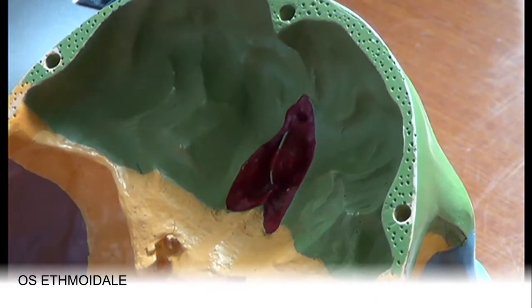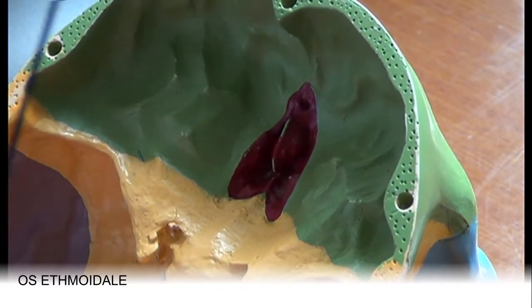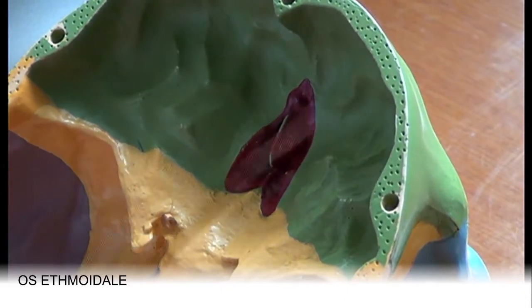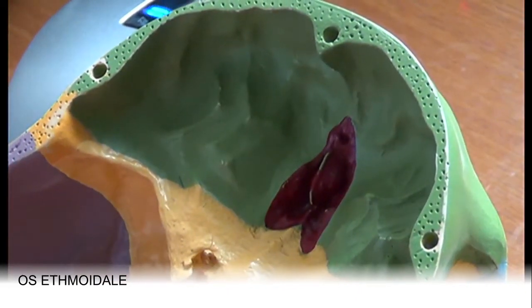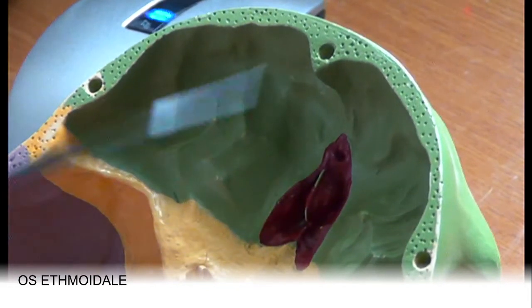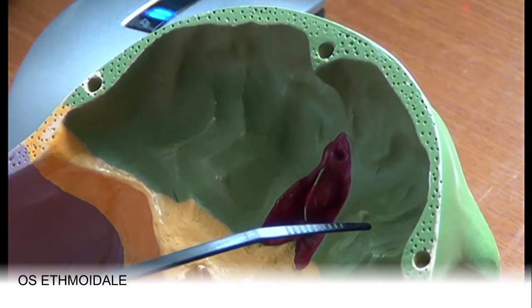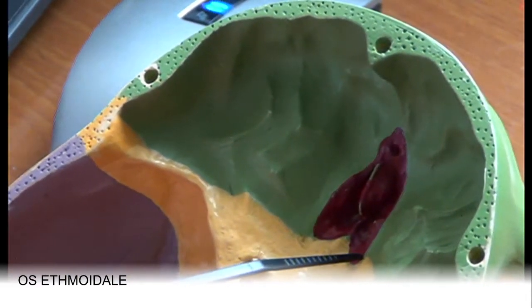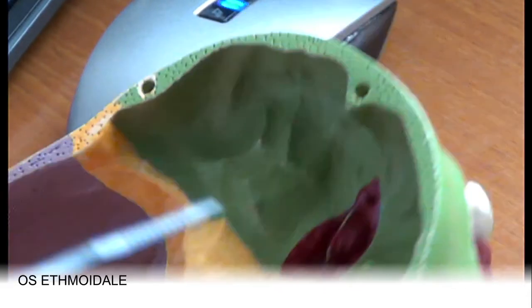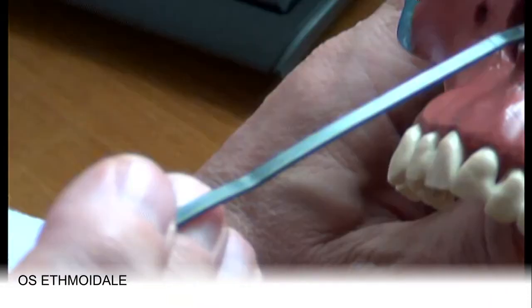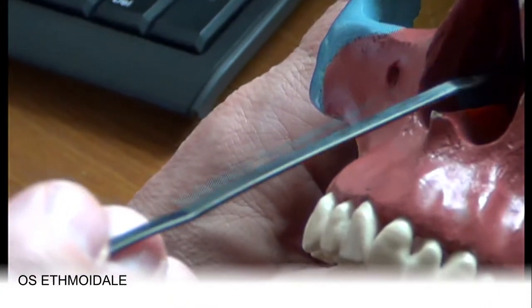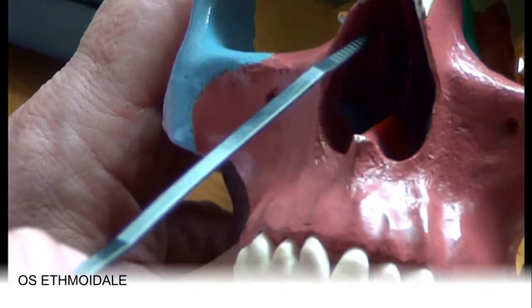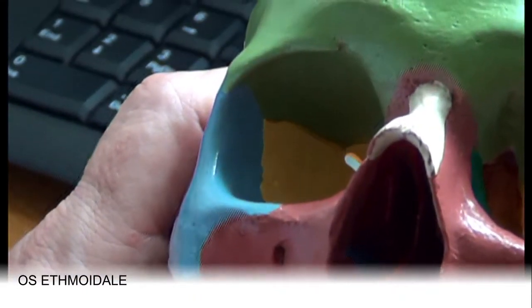It has a central position between the 2 orbital parts of the frontal bones, so it's dark violet here, and we can find it also inside of the nasal cavity. So, os ethmoidale.